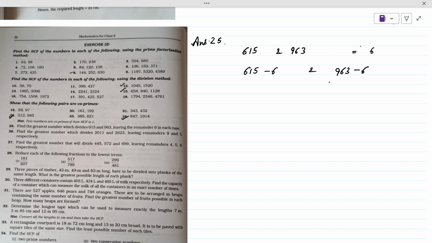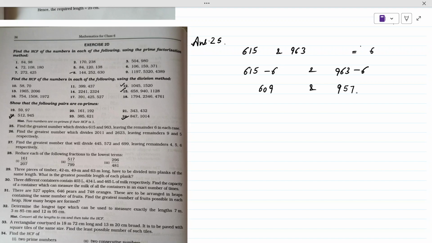We have done a similar question earlier also, right? So 615 minus 6 gives us 609, and 963 minus 6 gives us 957. So these are the two numbers.